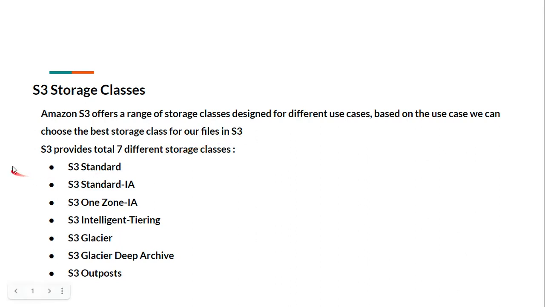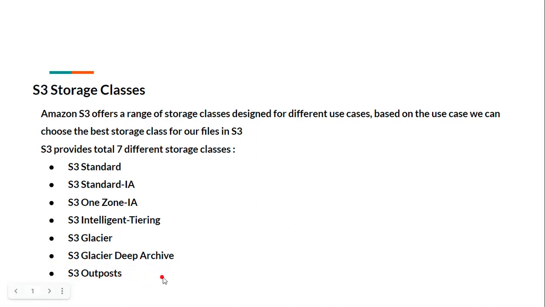S3 provides a total of 7 different storage classes, which are S3 Standard, S3 Standard Infrequent Access, S3 One Zone Infrequent Access, S3 Intelligent Tiering, S3 Glacier, S3 Glacier Deep Archive, and S3 Outposts.